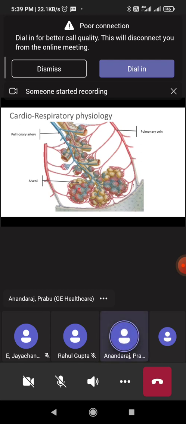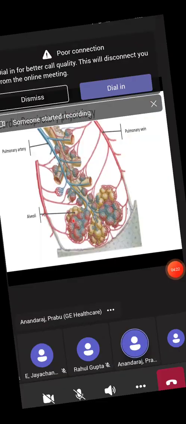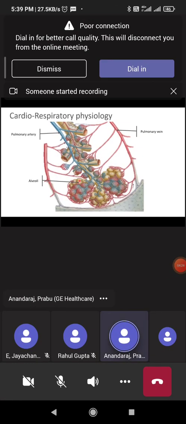So that small organ and that thin structure are separated by just one cell, and gas can easily flow from the alveoli to the blood, or from the blood to the alveoli, in both directions, depending on the concentration gradient.